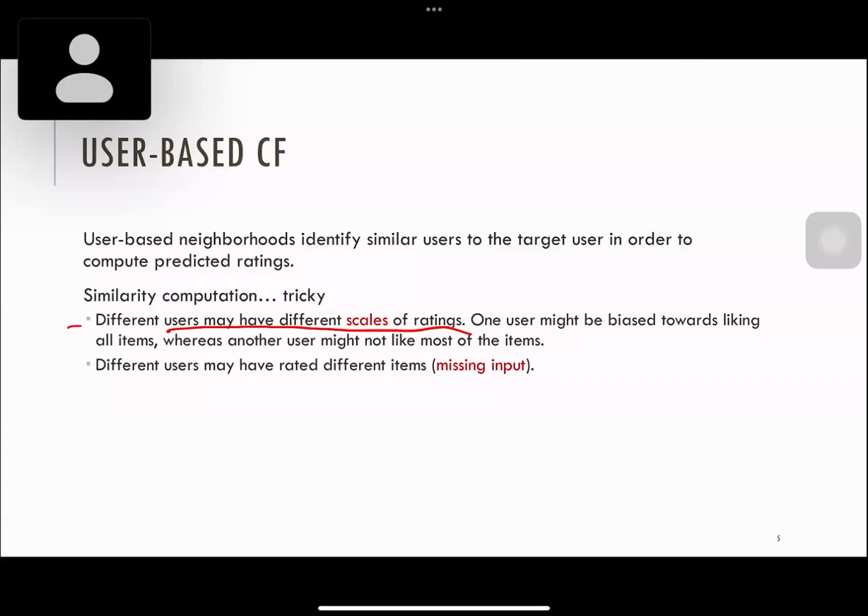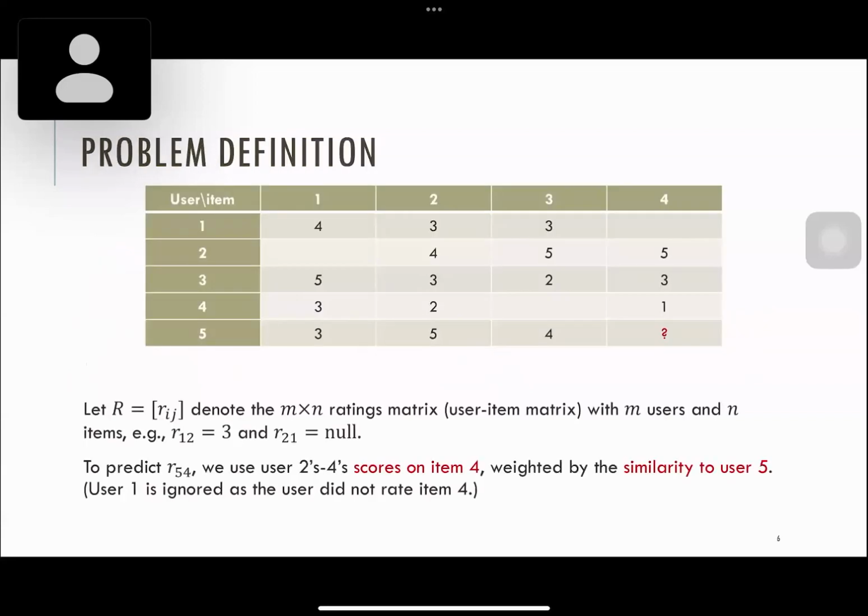And then different users may have rated different items, so there will be some missing inputs, and we will see how to handle these. Some notations: let's view this user item table as a matrix.